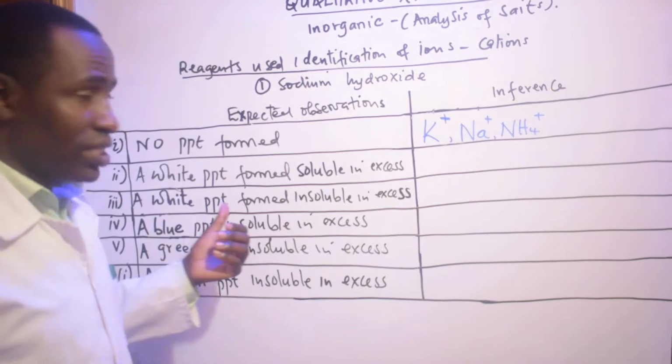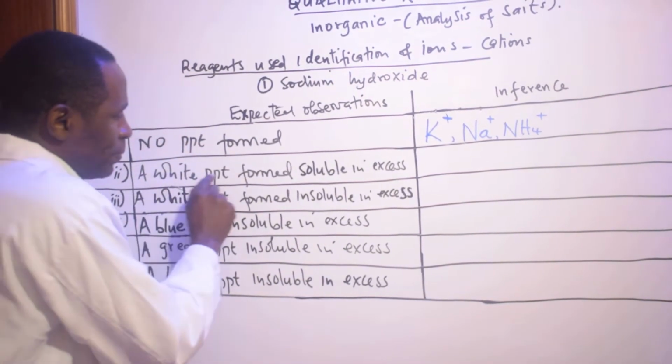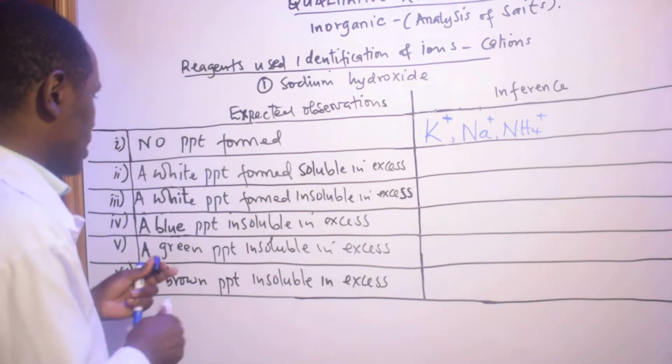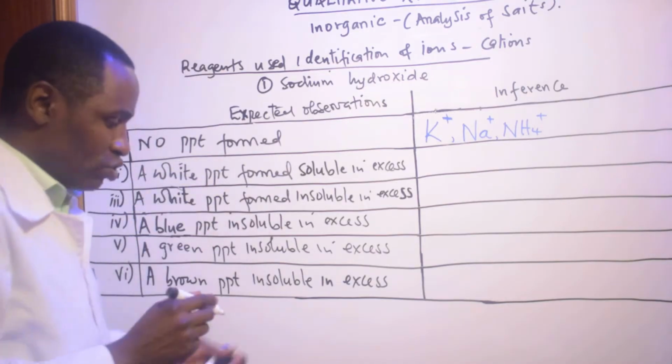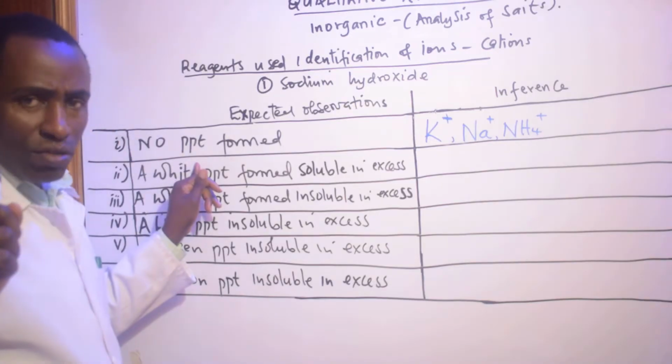Now let me get to the second observation: a white precipitate is formed and it is soluble in excess. The formation of a precipitate in the first case, on adding drops, means that an insoluble hydroxide has been formed.